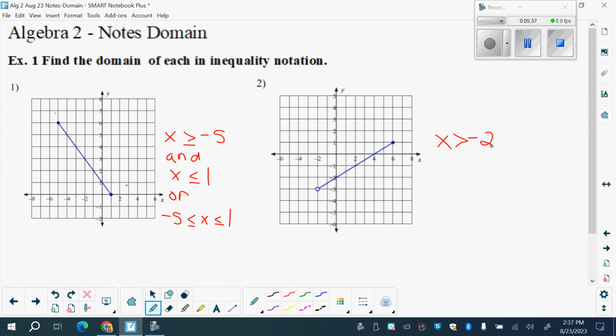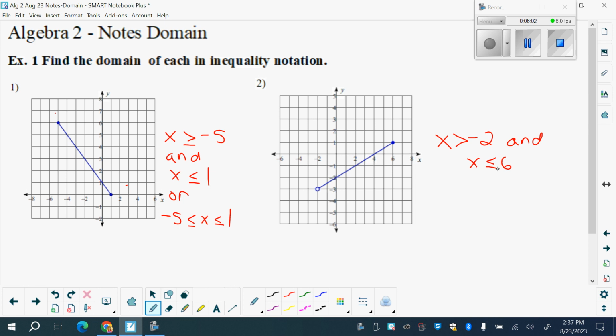Does that make sense? And at the same time, x is what relationship to this point? What's that x value there? 6. What relationship is to that? Less than or equal to, because it's including the 6. It's a closed dot. Does that make sense?